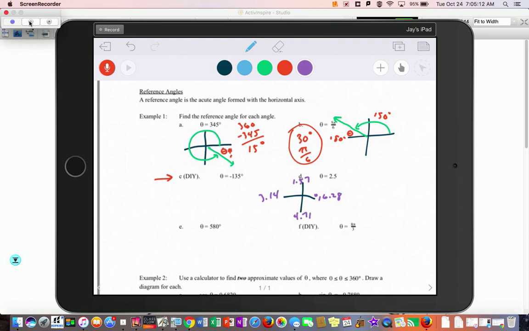Just approximating, pi is 3.14, and you can get those labeled. Well, 2.5 would be somewhere over here. So if this is 2.5, again, the reference angle would sit between the x-axis and the terminal side. So how far is it from 2.5 to 3.14? It's about 0.64 radians.